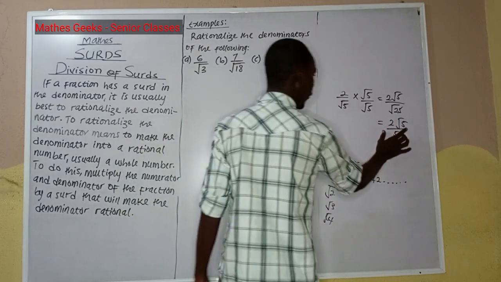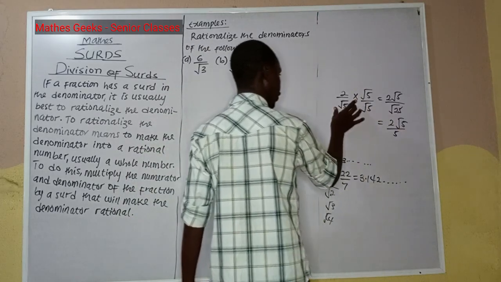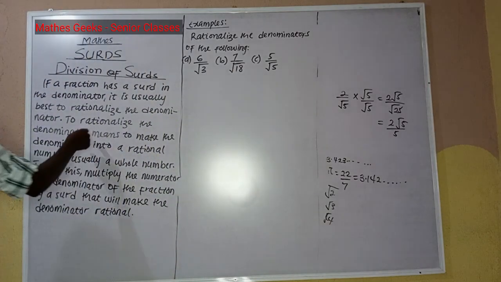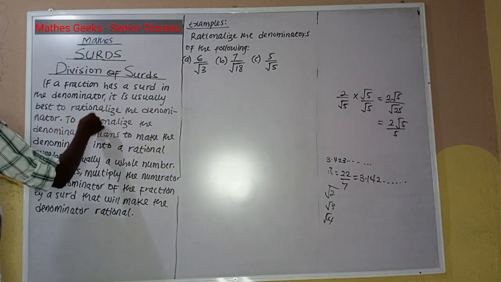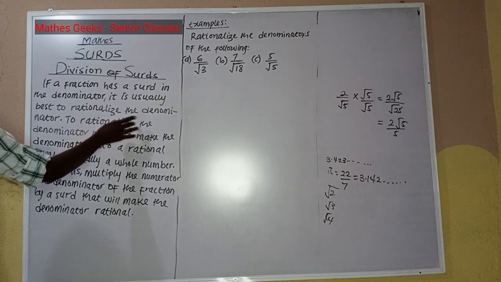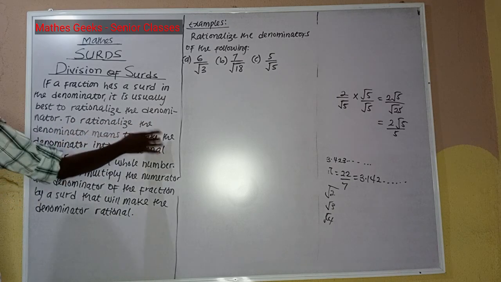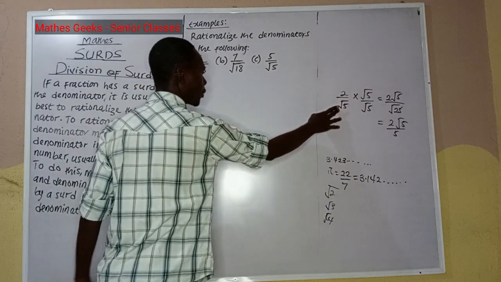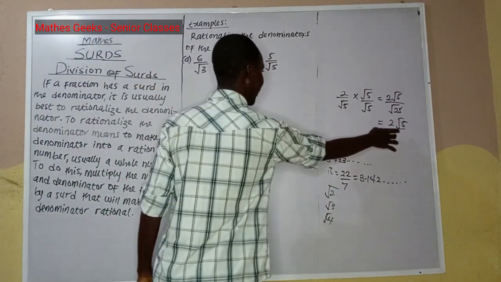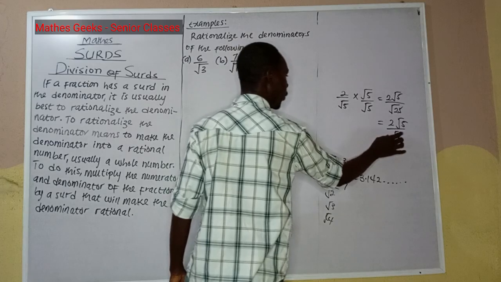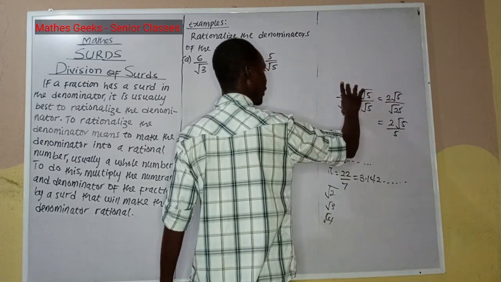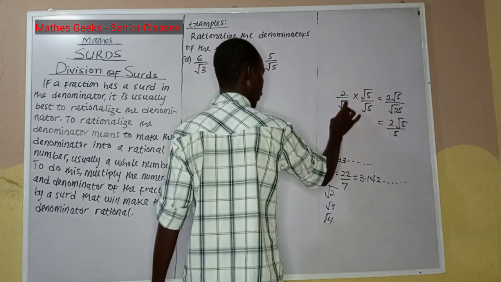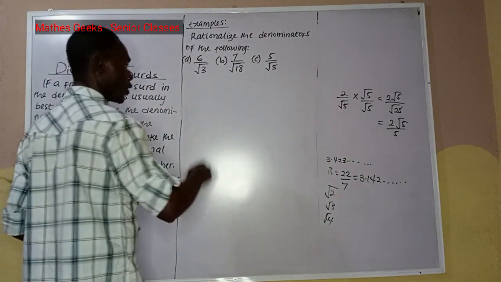At the end of the day, what we got as denominator is no longer an irrational number but a rational number. It was irrational, but now the denominator is a rational number, and we got to this point by multiplying both the numerator and denominator by the surd, which initially was the denominator.